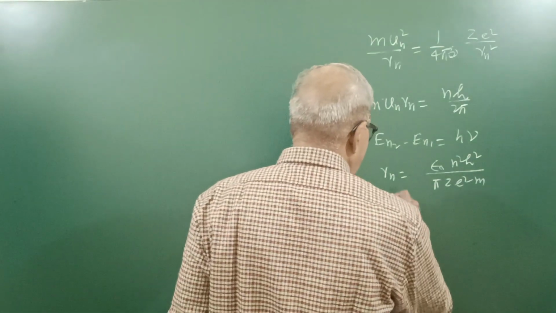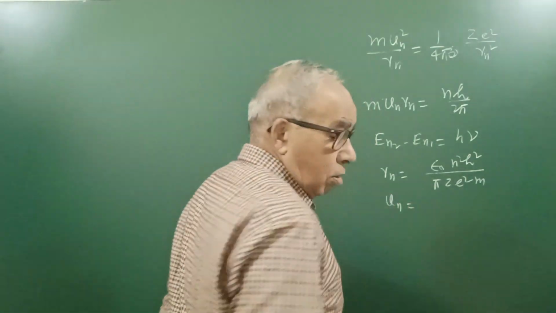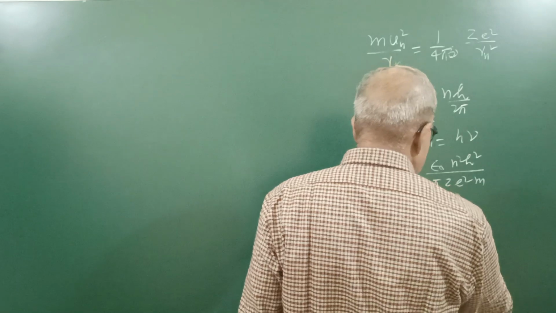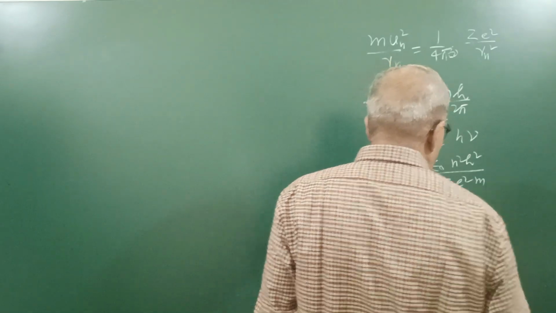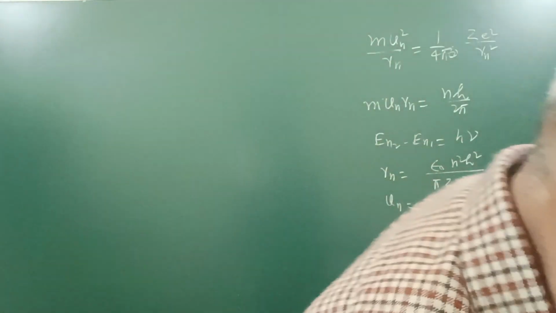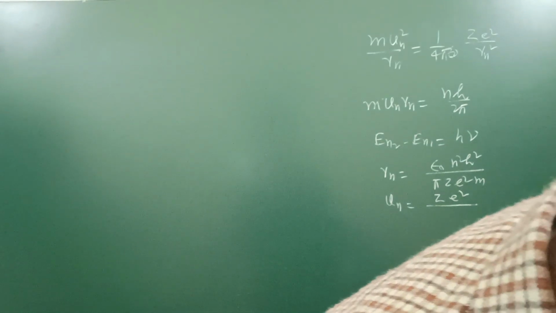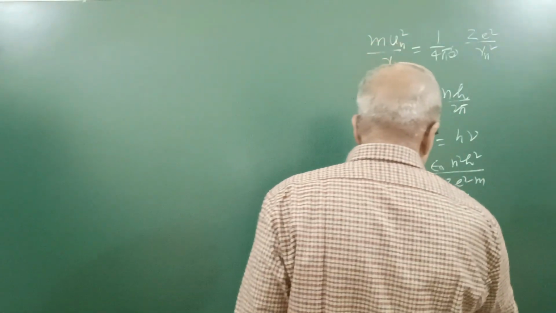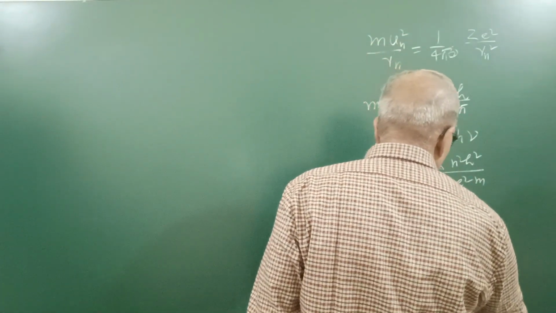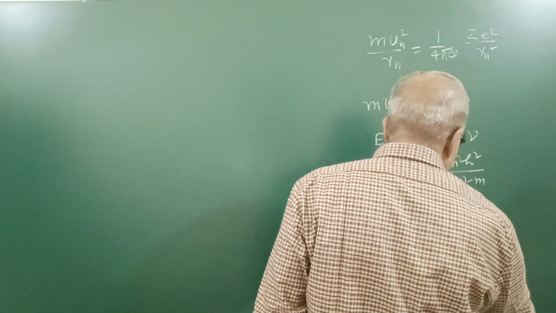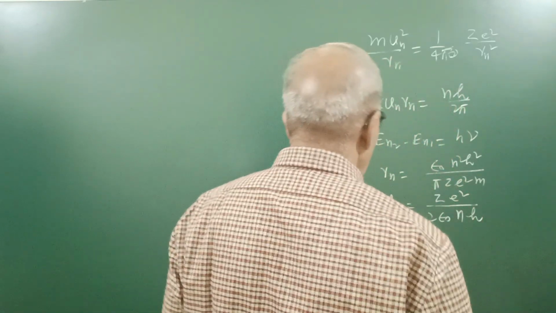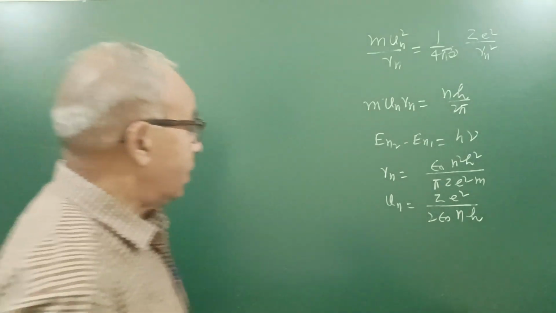Then velocity v_n. Velocity v_n was Ze squared upon 2 epsilon 0 into nh. Velocity of electron in the orbit.